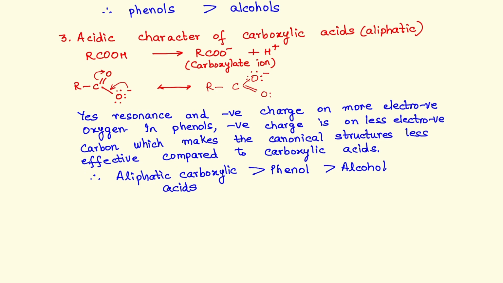With the result, we can represent the 2 canonical structures in the form of a resonance hybrid structure, indicating that the electron cloud is shuttling between the 2 oxygen atoms.